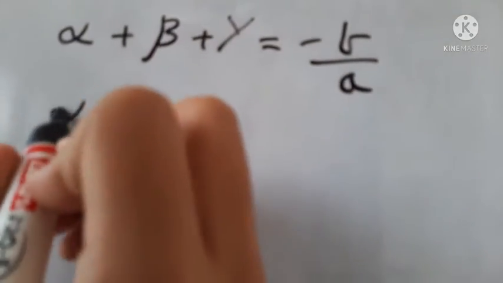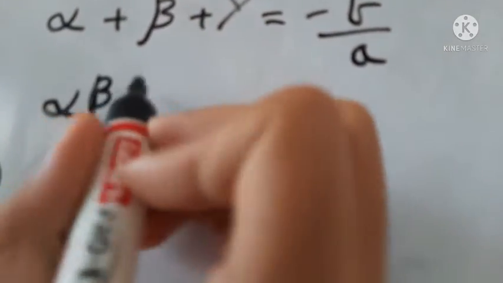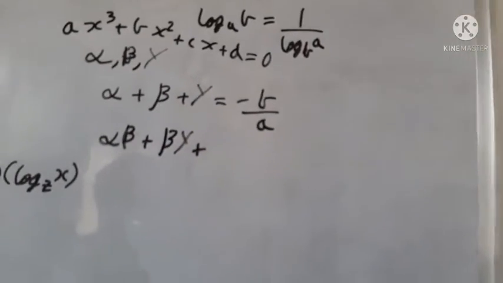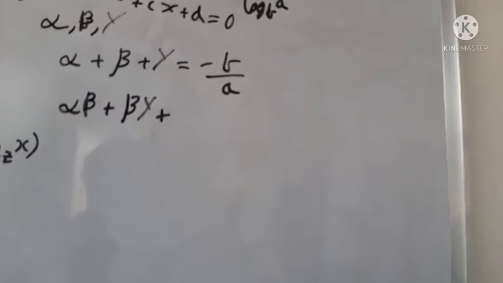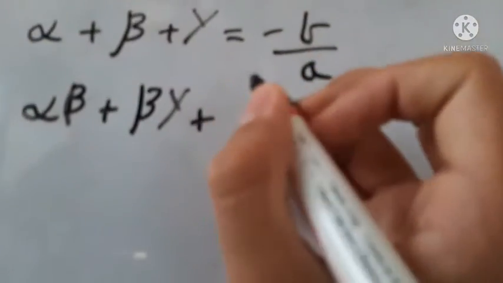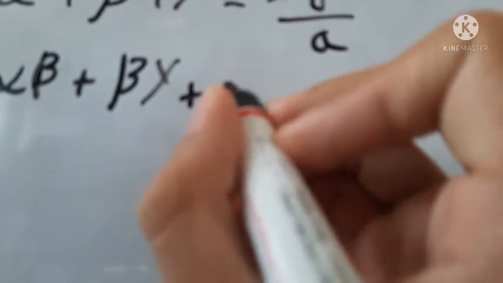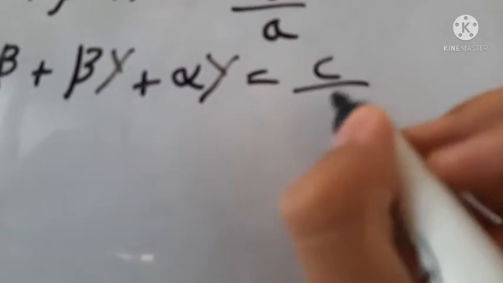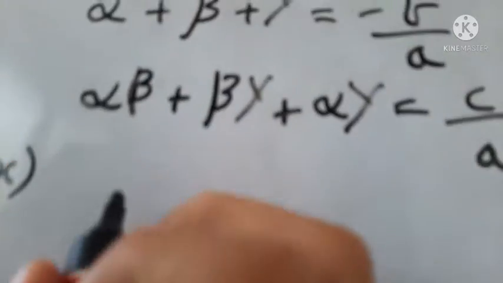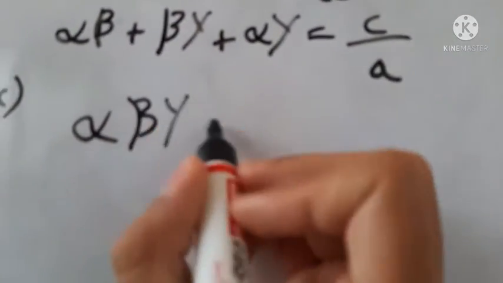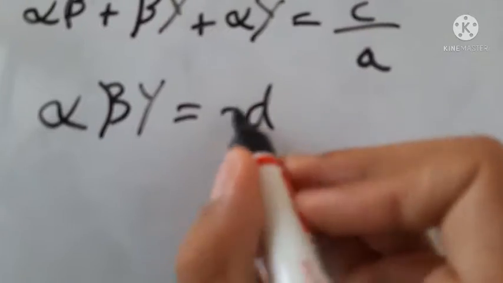Then alpha beta plus beta gamma, the product of 2 terms added, I don't know what it's called, plus alpha gamma, is equal to c over a, and the product of the roots is minus d over a.